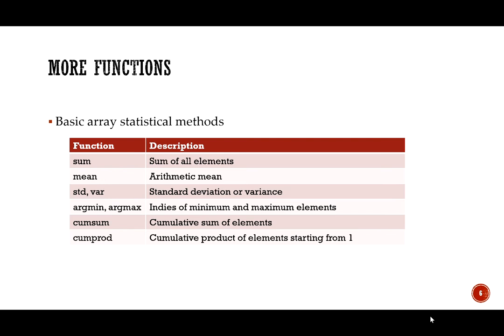Argmin and argmax return indices of minimum and maximum elements in your array. Cumsum returns the cumulative sum of elements, which we are going to use in our random walk simulation. And the last one, cumprod, returns the cumulative product of elements starting from 1.